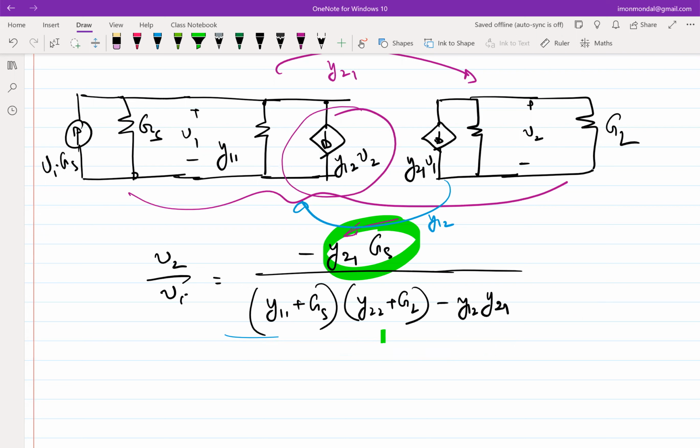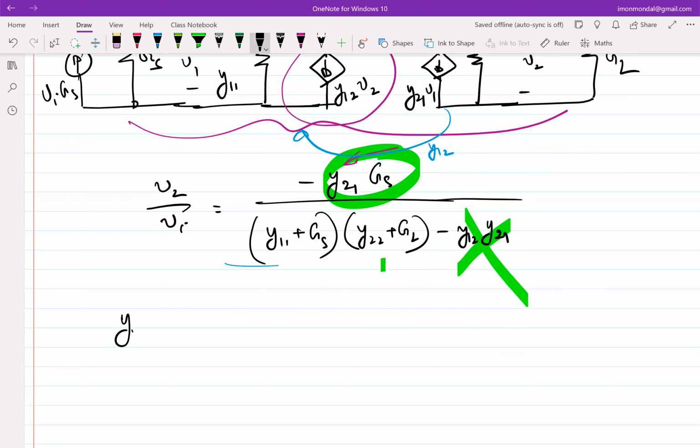I have to ensure that this negative term goes off. The negative term can go off by setting either y12 to 0 or y21 to 0. I don't want to set y21 to 0 because that is what we want. That is the transmission from input to output. The only other thing that I can do is set y12 to 0. Sorry, did I say it wrong? I don't want to set y21 to 0. I want to set y12 to 0.